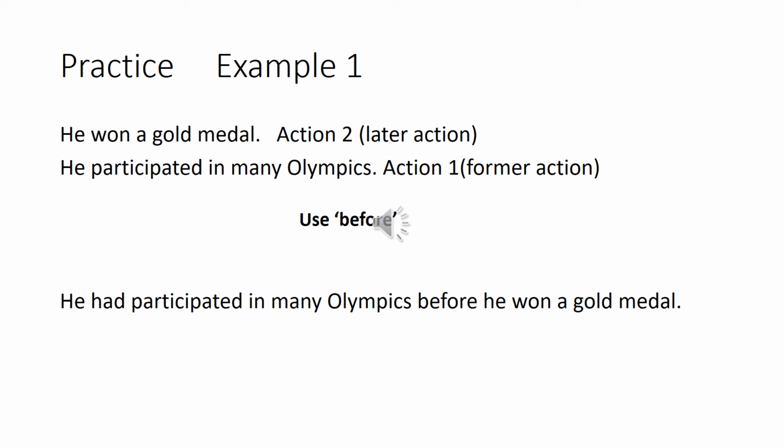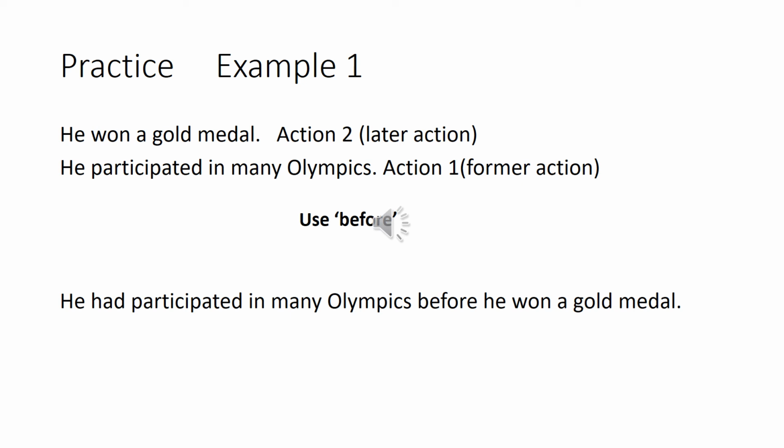Anyway, if you don't have mastery over the use of past perfect tense to combine two actions of the past, it will go like this: two separate simple sentences. But we have to make it a compound or complex sentence using some of the time expressions as I gave yesterday, in the last slide.